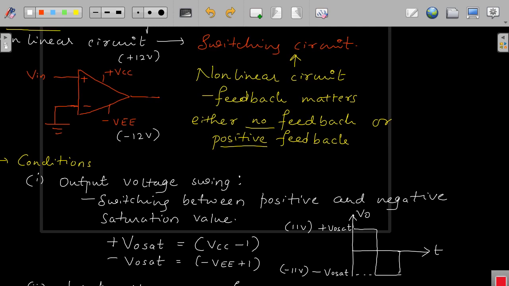as about 300 microvolt. For such a small change in the input voltage from 0 to 300 microvolts on the positive side, the output swing takes place between minus V naught sat to plus V naught sat, provided we assume that the initial output is at minus V naught sat. Then again, whenever the input goes to the negative side here, right?